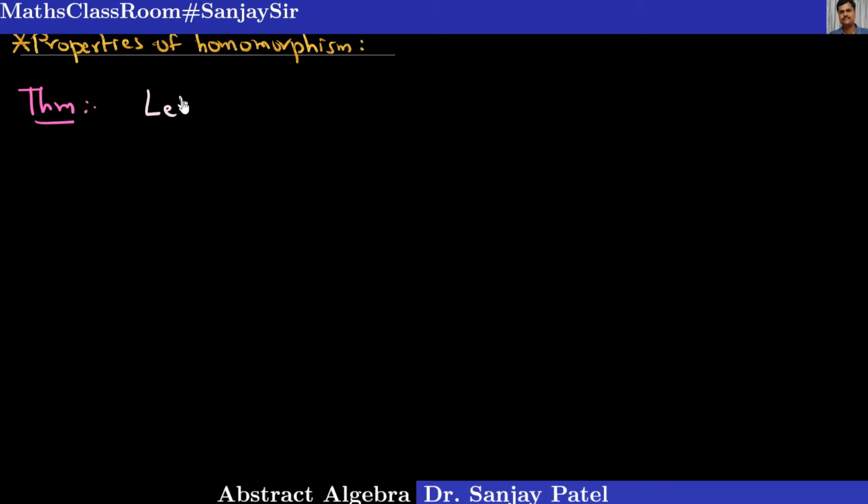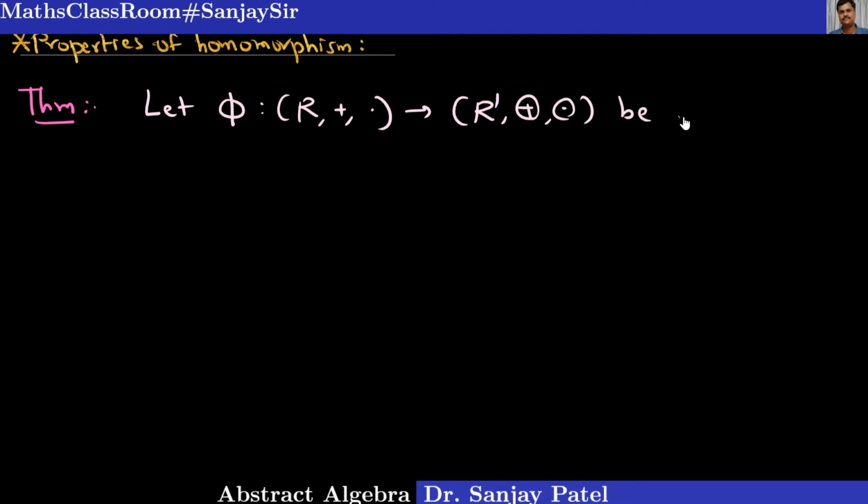Let phi from (R, +, ·) to (R', ⊕, ⊙) be a homomorphism. This is a homomorphism of rings. Then prove the following.